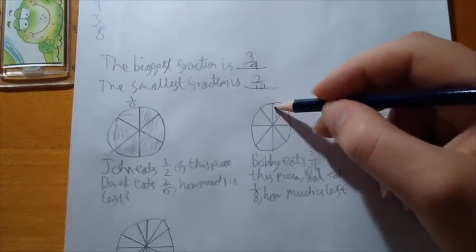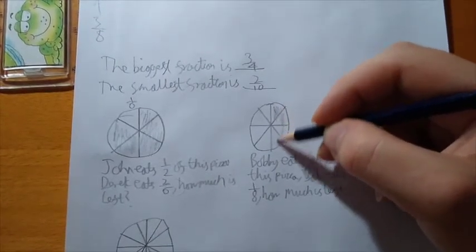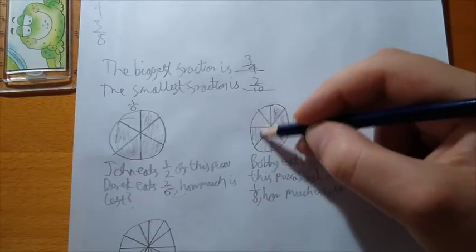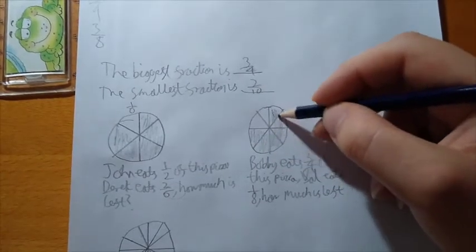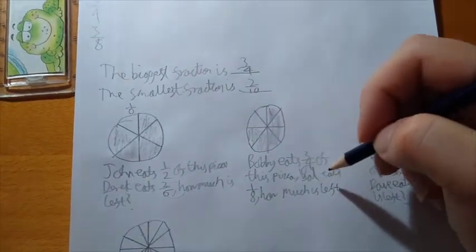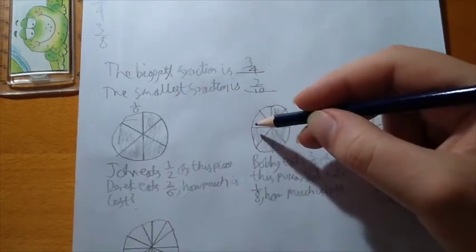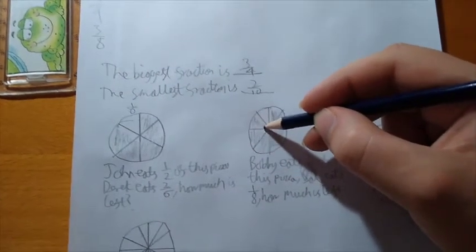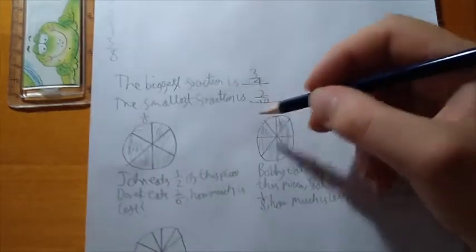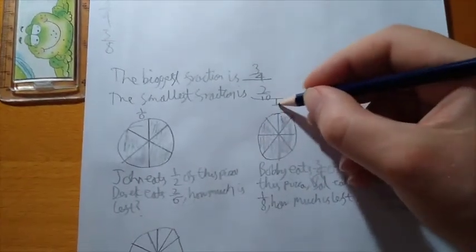So let's shade in our 3/4. Sal eats only 1/8 of this pizza, so let's shade in this 1/8. So how much is left? 1/8.